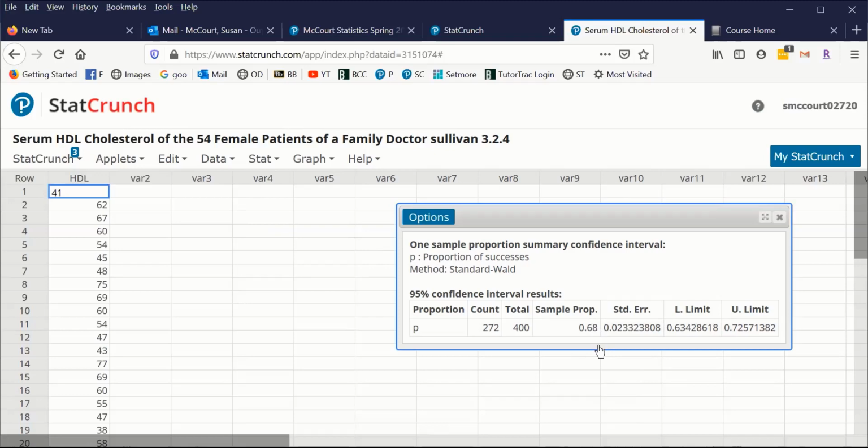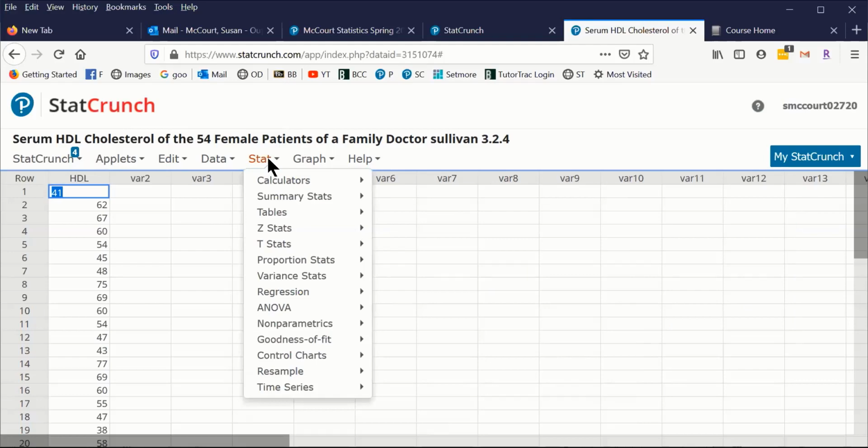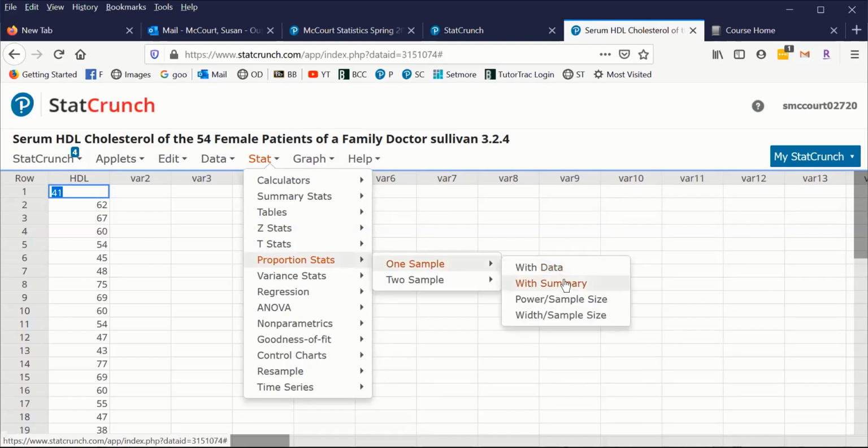Can you run that again? Because I was taking notes. Yep. Also remember that formula sheet. It's right on the formula sheet. The first side is the confidence interval, the second side is the sample size. So the first side at the bottom for proportion, it's Stat, Proportion, Stats, One Sample with Summary.